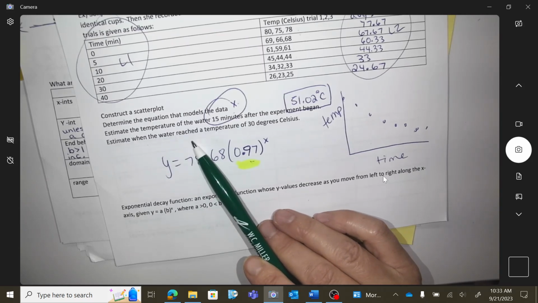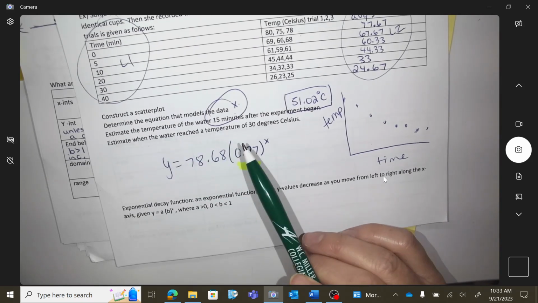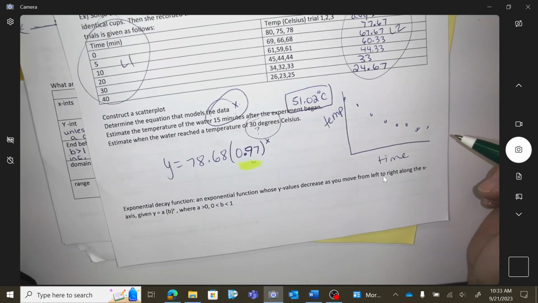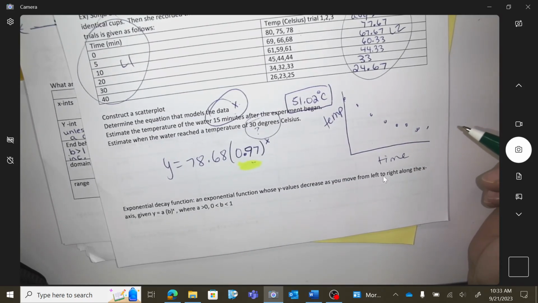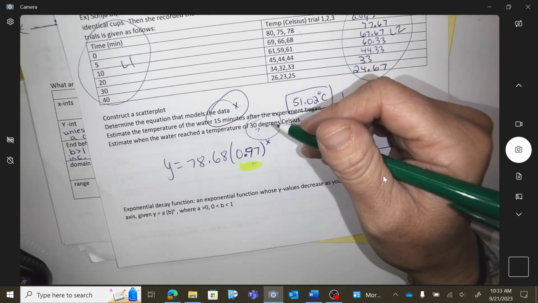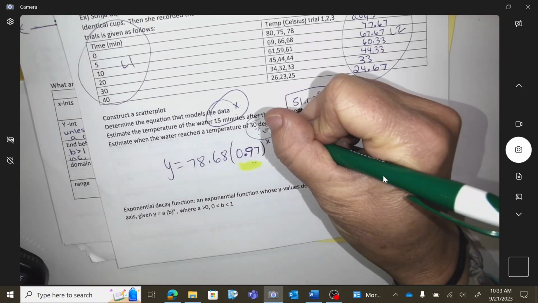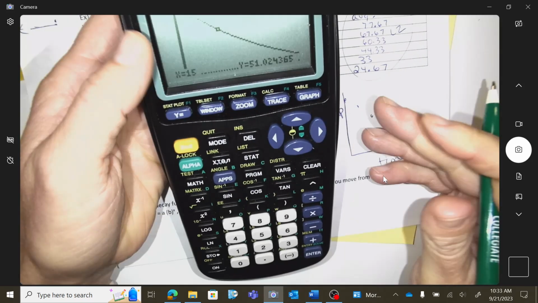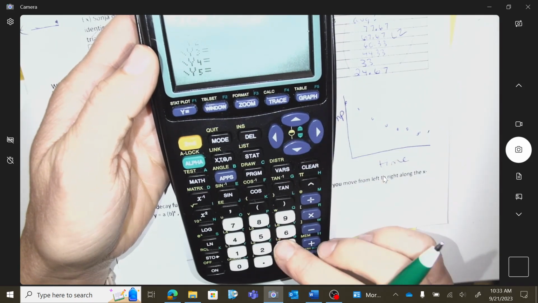Estimate when the water reached 30 degrees. This time I gave you 30 degrees, so I would have given you a Y. So what do you always do if I give you Y's? Do a Y2. So Y2 is 30.